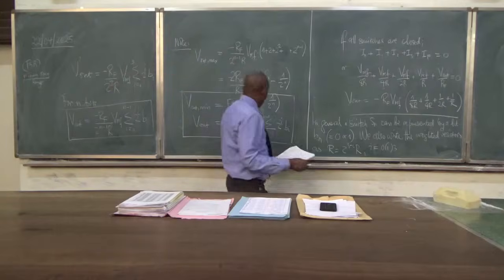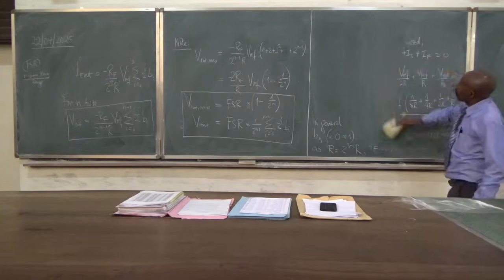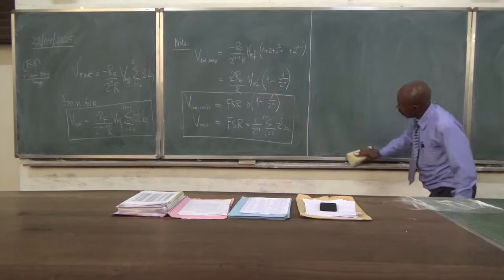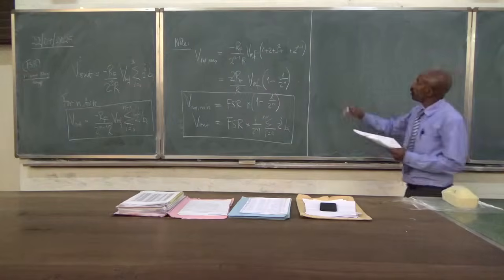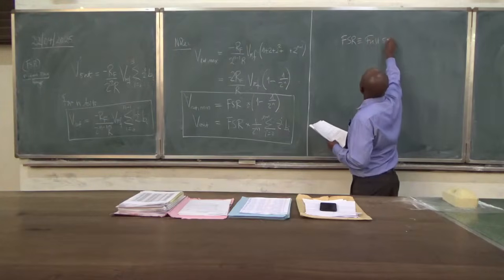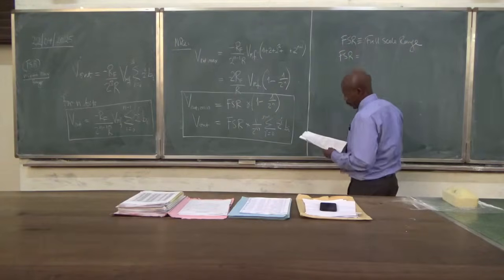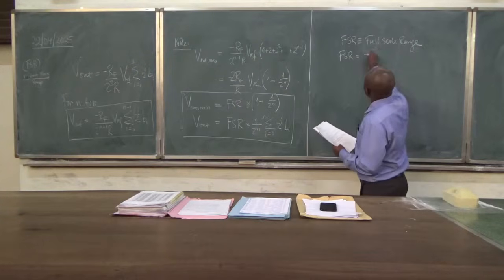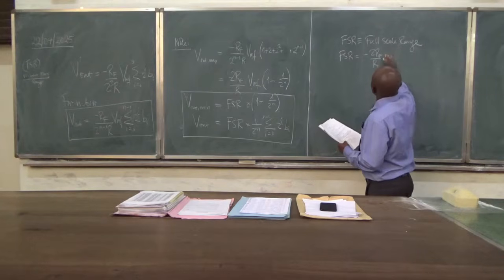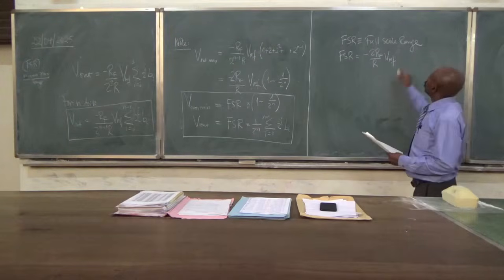Full scale range is equal to minus 2 RF over R, Vref, the reference voltage for full scale range.